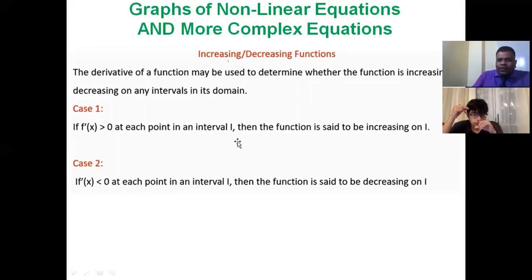Now here it is saying increasing and decreasing functions. So how to know in which interval the function is increasing and in which interval the function is decreasing. Increasing and decreasing intervals of the functions.